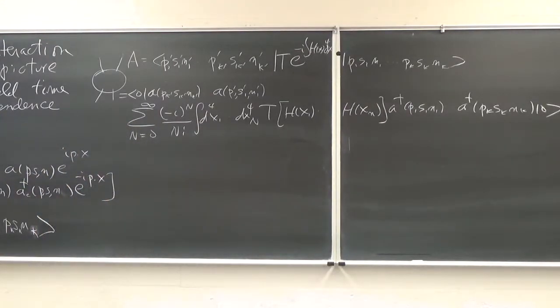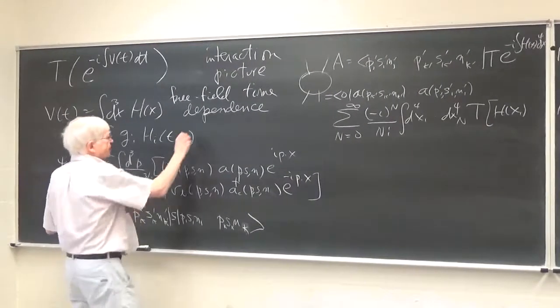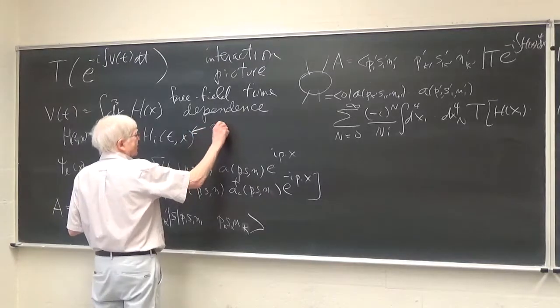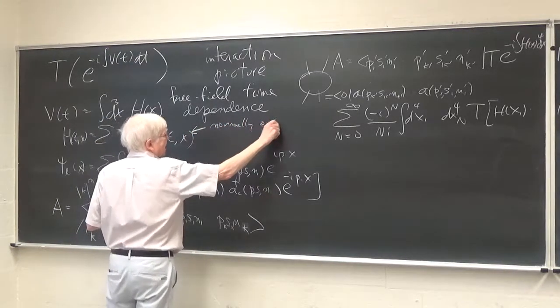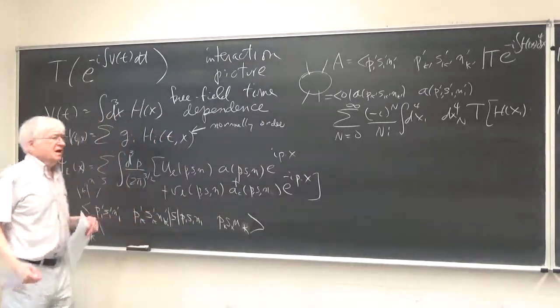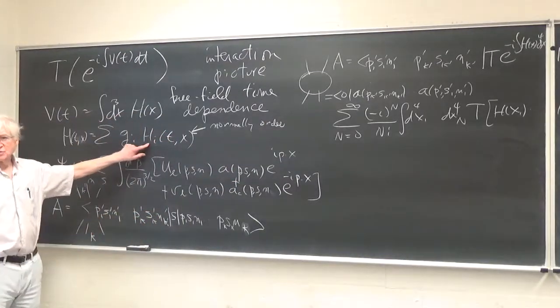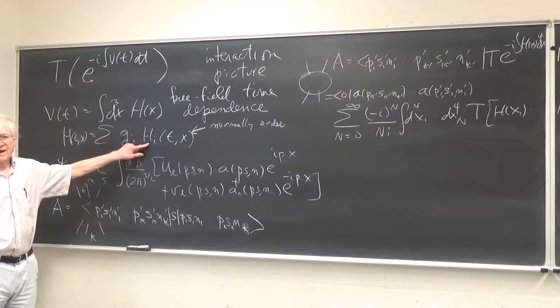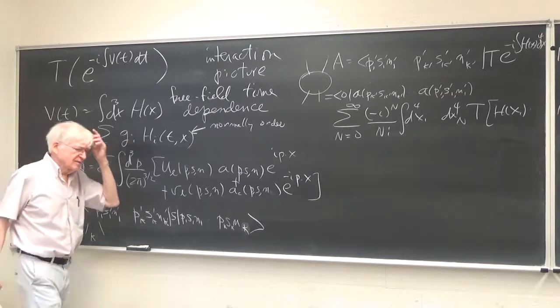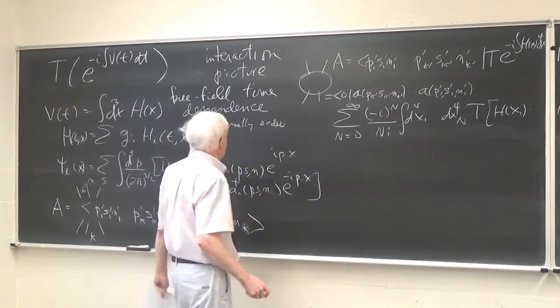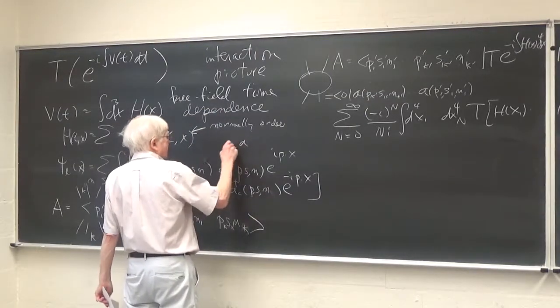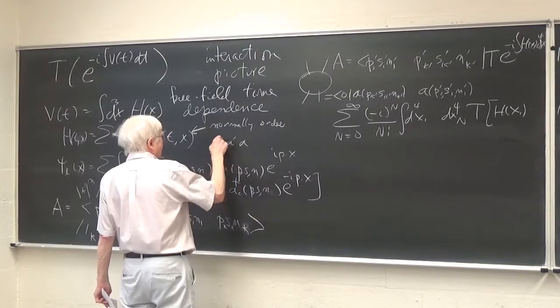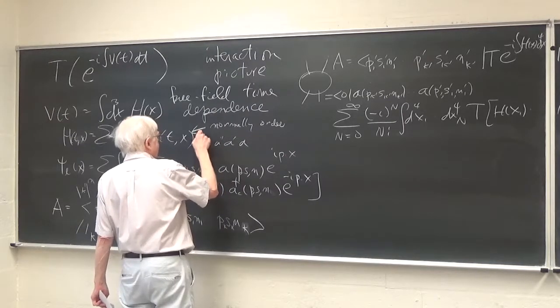What I should say to begin with is, first of all, we're going to normal order each term in the interaction. Normal ordering means you move the annihilation operators to the right and then the creation operators to the left.